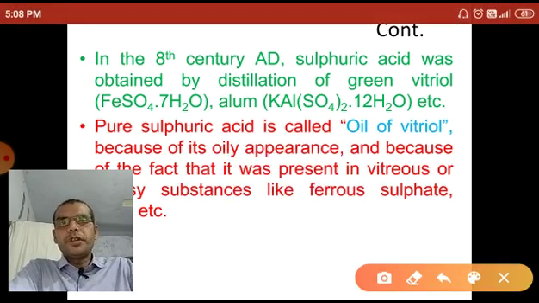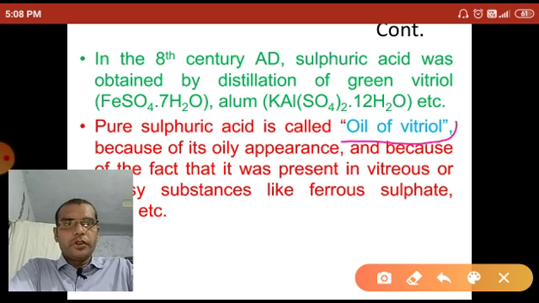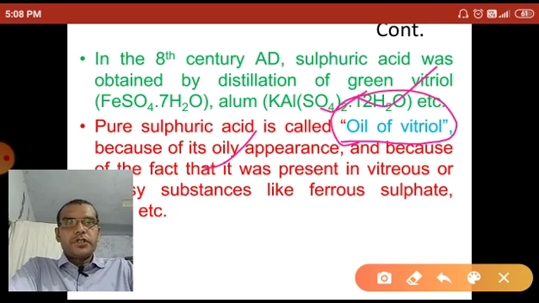Now pure sulphuric acid is called oil of vitriol because the appearance of sulphuric acid is oily and vitreous.